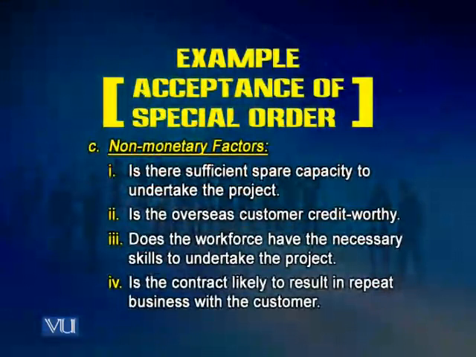The aspect of the repeat business from the customer is quite an important one. You might look at a contract or a special order in a different light if you expect that there is going to be repeat business, continued business.